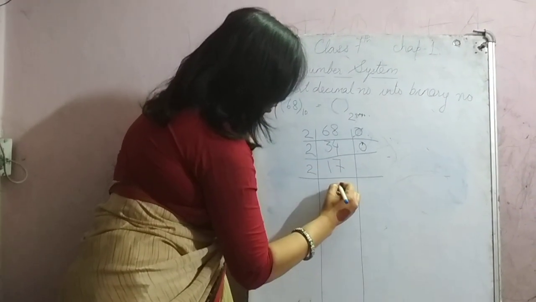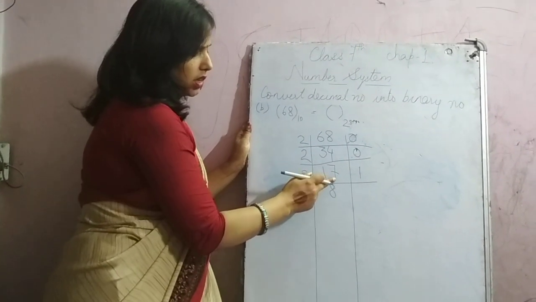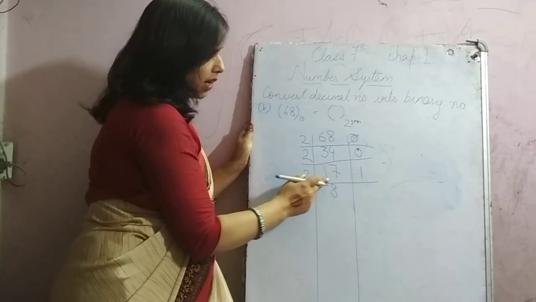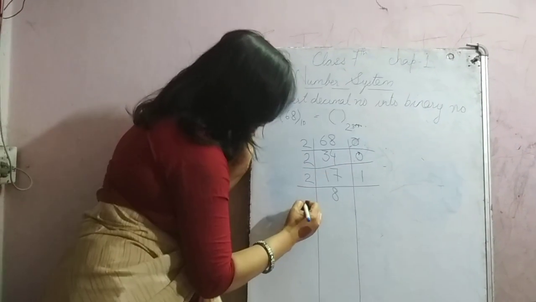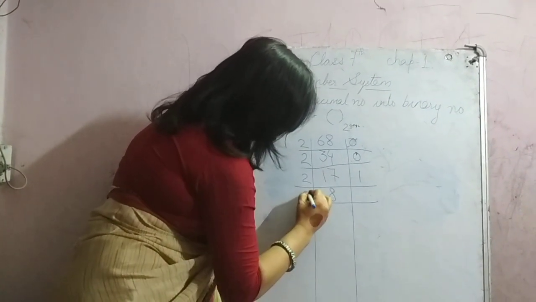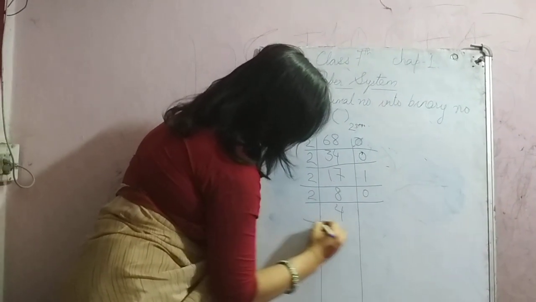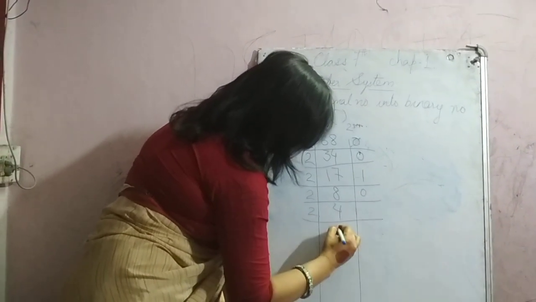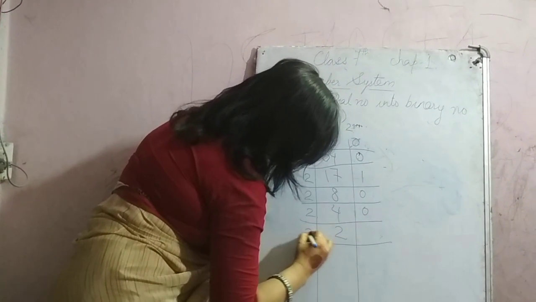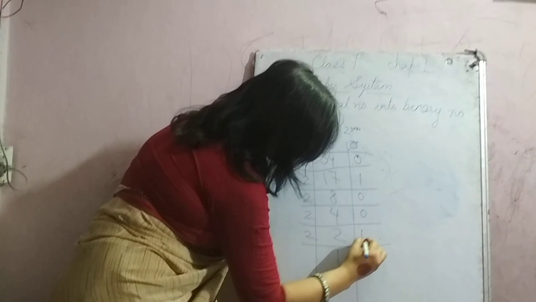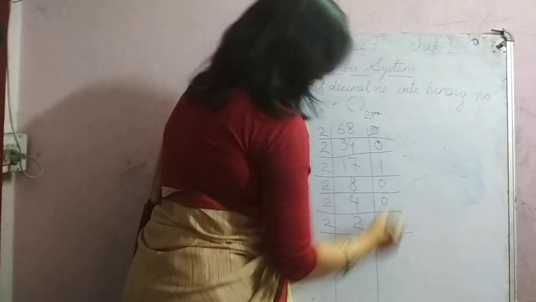Again 2, 1 remainder, because 16 can be divided and 1 will be left, so it will come on the right side. 2, 4, no remainder, that means 0. 2, 2, 0, 2, 1, 0. Again we will write it from the bottom to up.